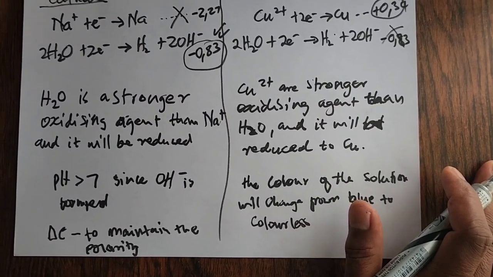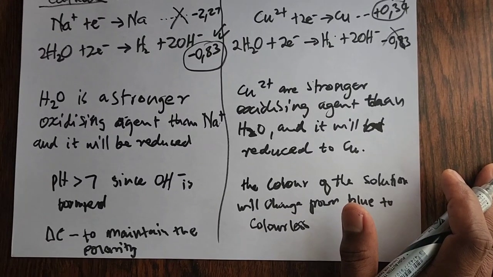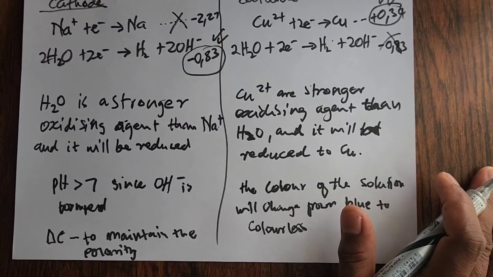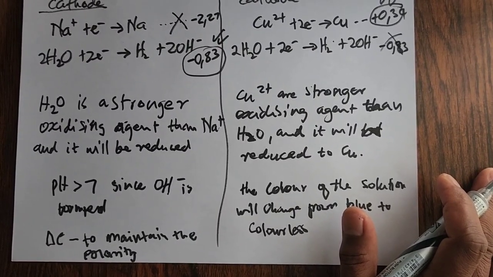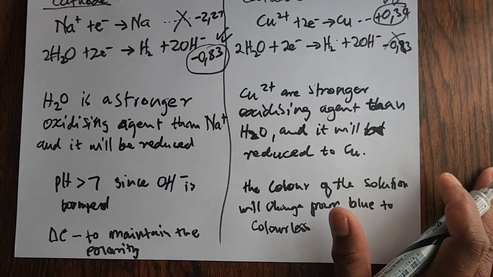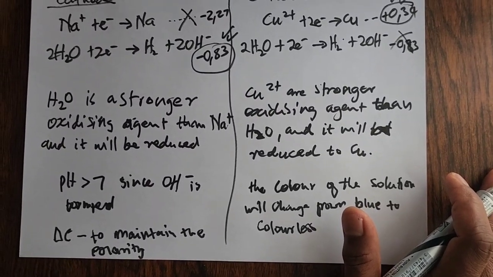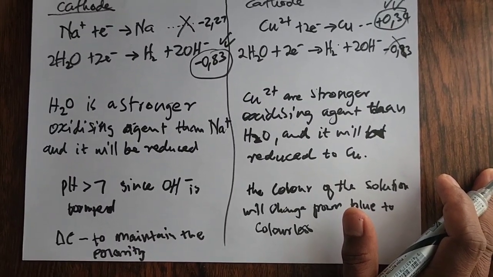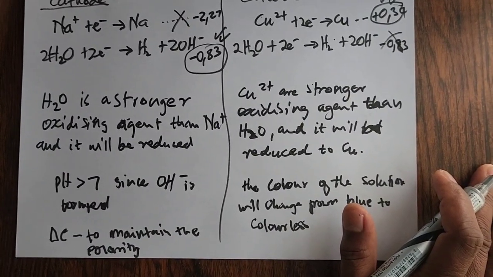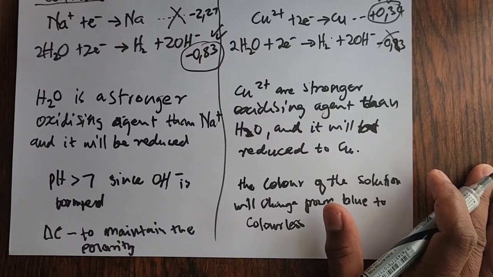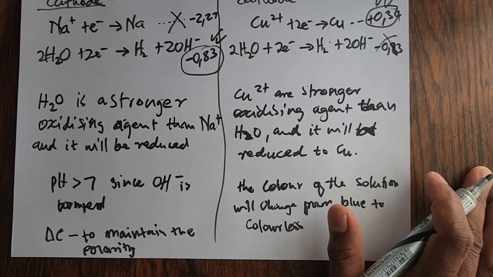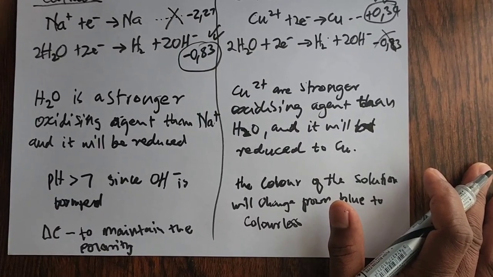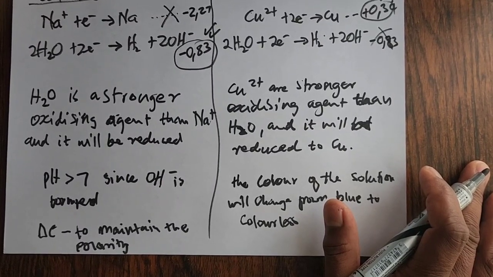So that's all about the electrolysis of sodium chloride and the electrolysis of copper chloride, where we are using the inert electrodes, which are carbon electrodes. So remember those inert electrodes, they are carbon electrodes. At the anode, chlorine is formed in both cases, whereas at the cathode, in the case of sodium chloride, hydrogen will be formed.